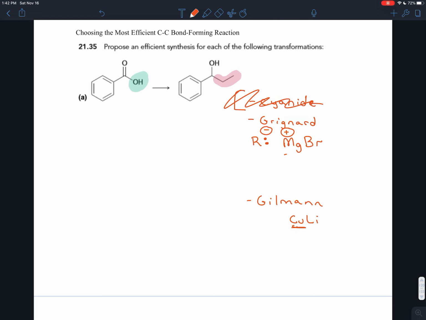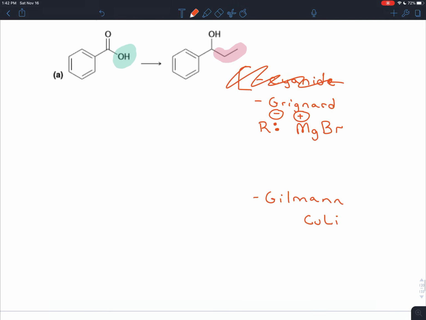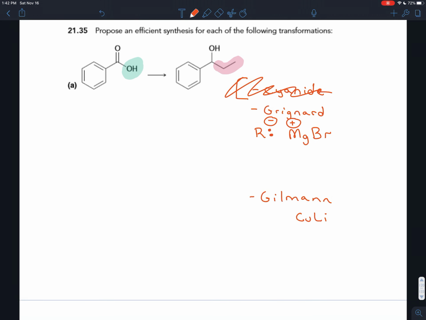Copper is much further to the right on the periodic table than lithium and than magnesium is, and so it is more electronegative. And so the bonds that it forms with carbons, and it has to form two of them, are not quite as polar as the bonds that magnesium forms. Sure, it's still a metal, it still loses electron density to those carbons, but it's not as close to being an ionic bond as Grignard reagents are.